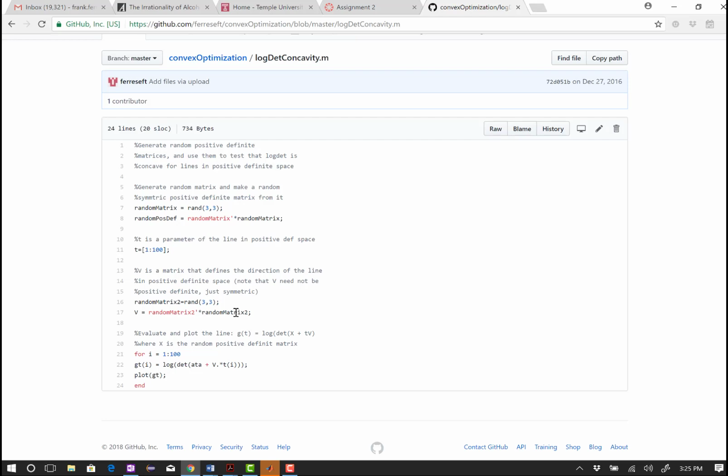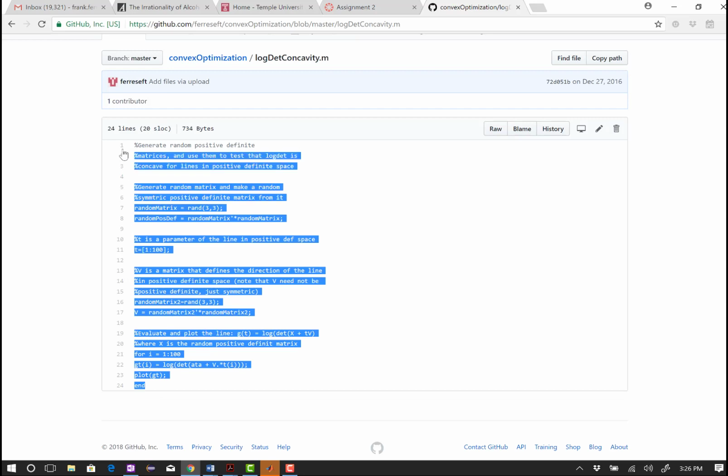Then we evaluate the function g of t, which was defined to be log det of X plus tV, where X is the thing we're testing, which in this case is the random positive definite matrix up here. We're going to do this 100 times and plot it. Okay, so that's the deal.